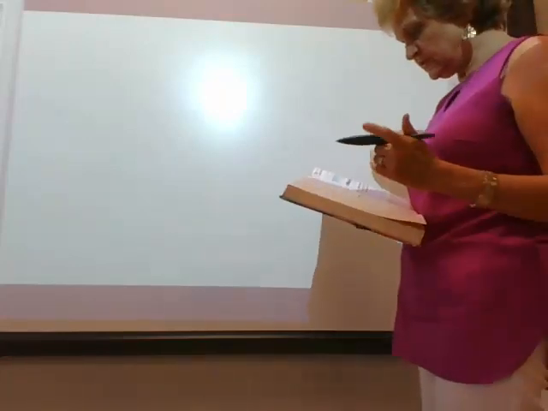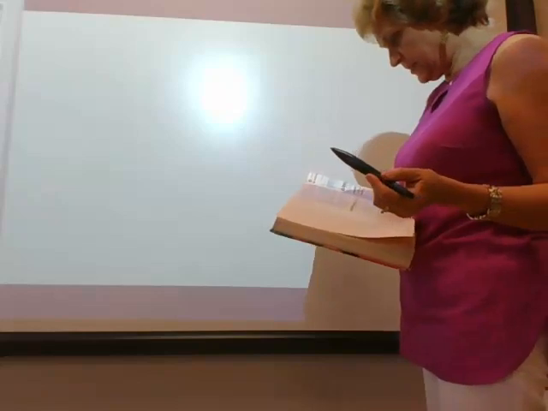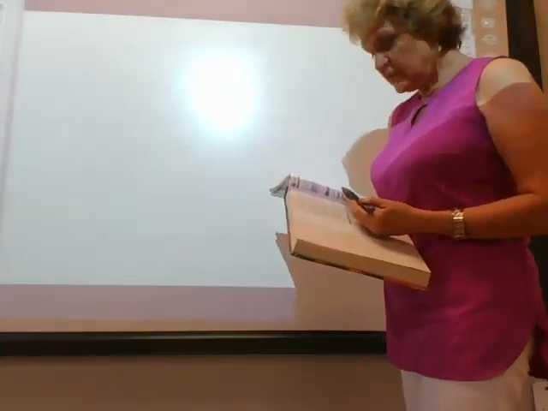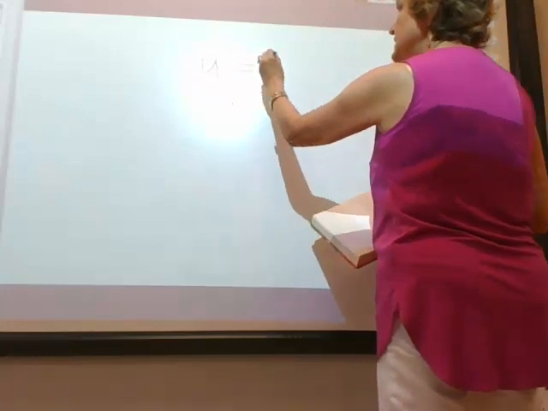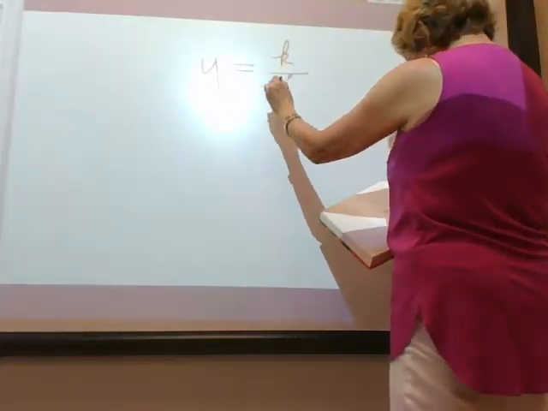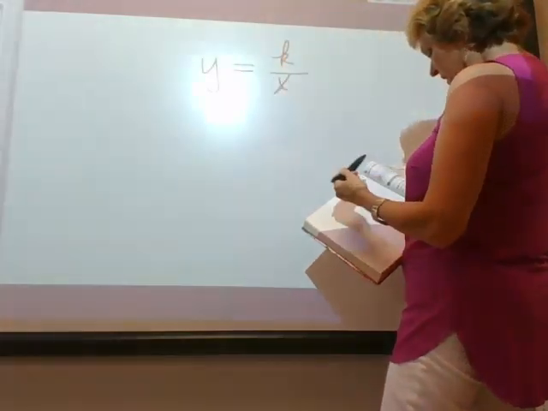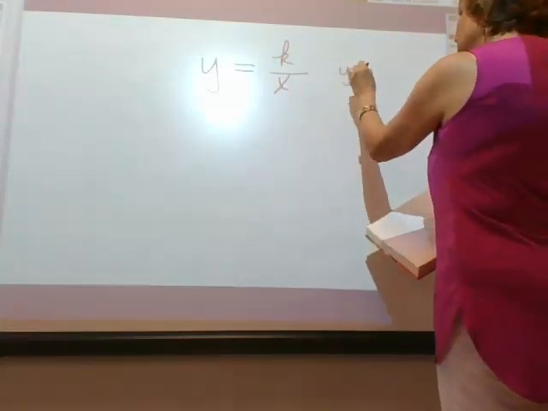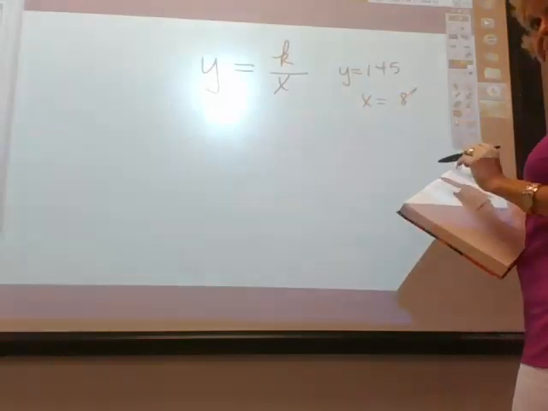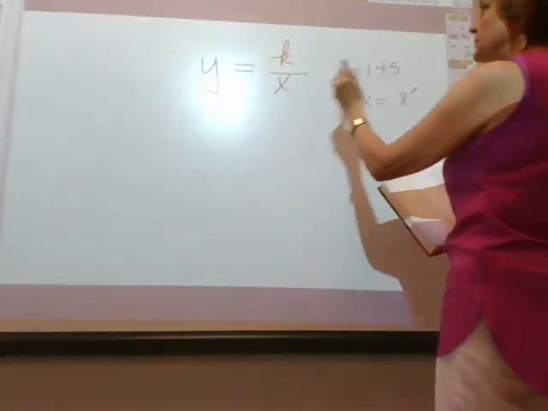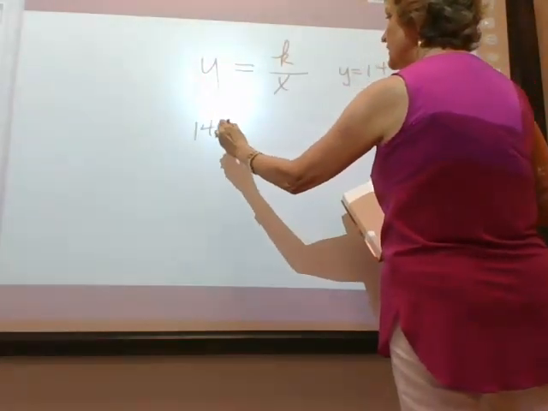We're going to do the first example, and it says find an equation of variation where y varies inversely as x, where one pair of values is y is 145 and x is 0.8. All right, so I'm going to plug in 145.